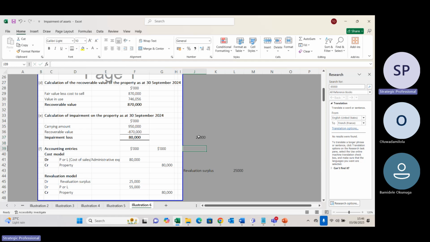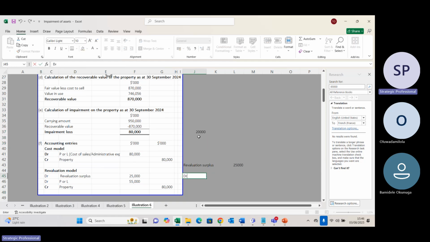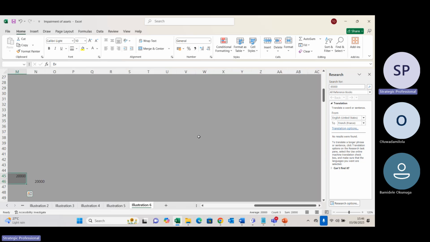We would debit revaluation surplus with 20 and credit property with 20. Nothing is going to P&L, because the impairment loss is lesser than the revaluation surplus.